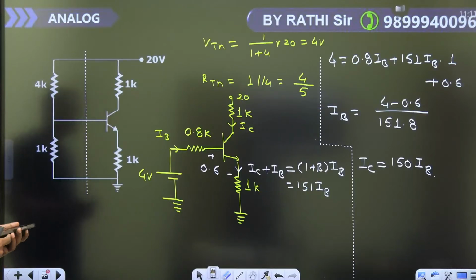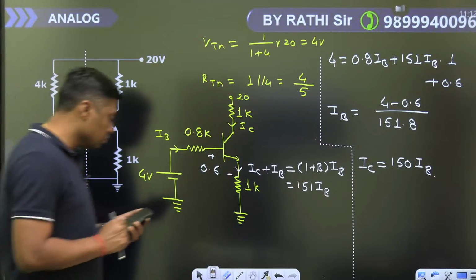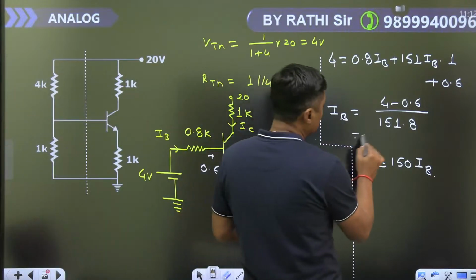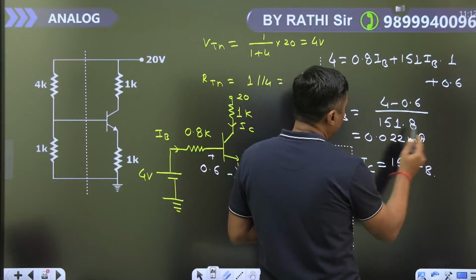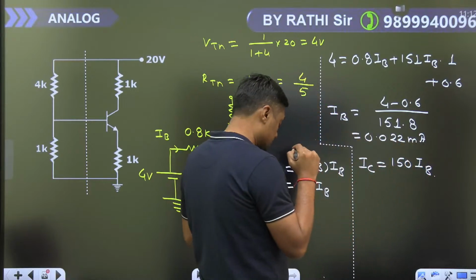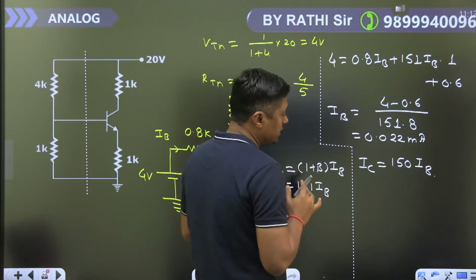First of all, note that 3.4 upon 151.8, 0.022, is a very small base current.